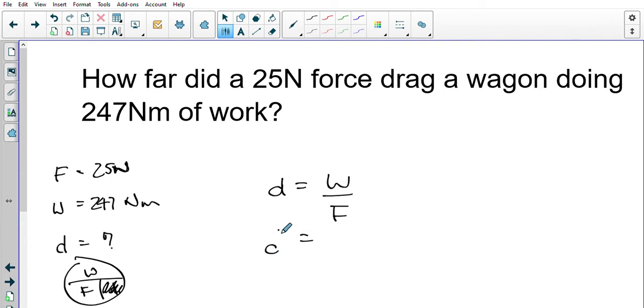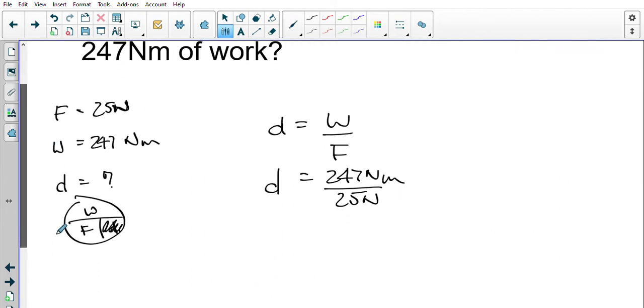All right, so for D, we'll take our work. Our work was 247 newton meters. What was our force? Well, our force was 25 newtons. And so then we go 247 divided by 25.